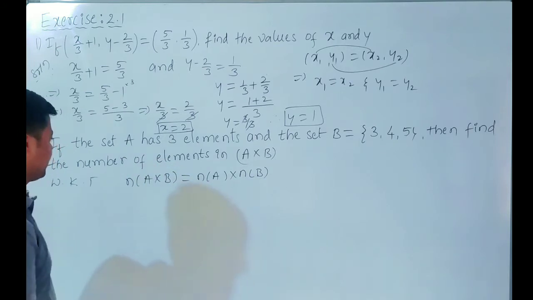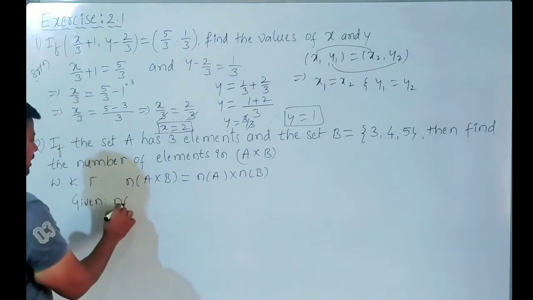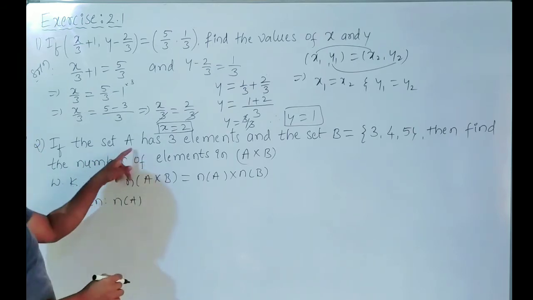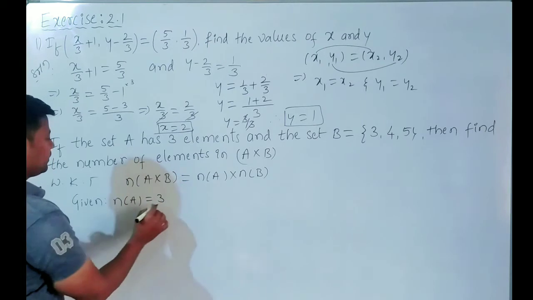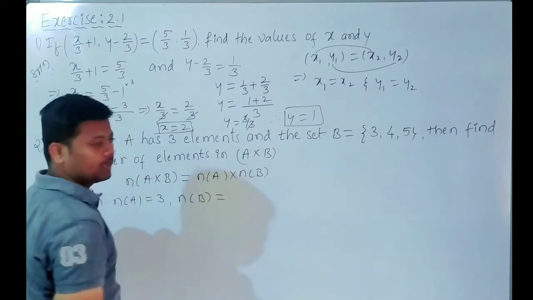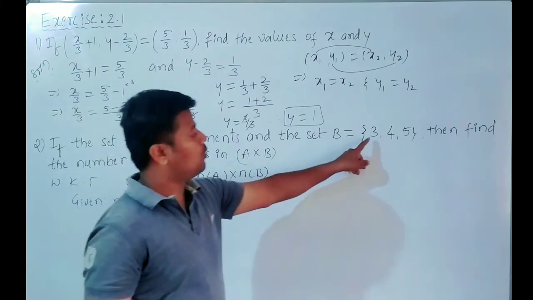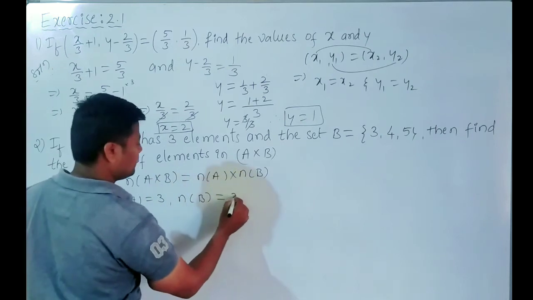Okay. What have they given? Given n of A: already A has 3 elements, so n of A equals 3. And n of B: what is the number of elements in set B? Set B has elements 3, 4, 5, so the number of elements in set B equals 3.